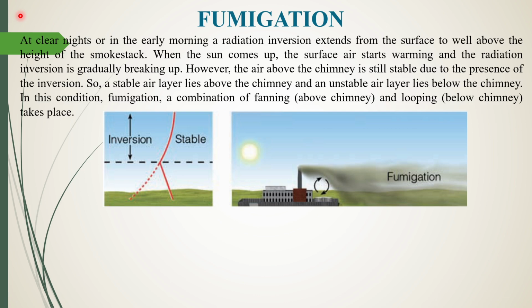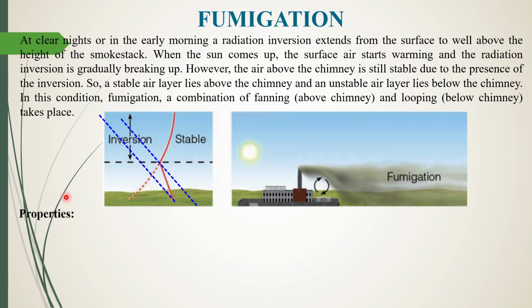So a stable layer lies above the chimney and an unstable air layer lies below the chimney. So this is a combination of fanning above the chimney and looping below the chimney. I just put the dry adiabatic lapse rate to understand this figure better.